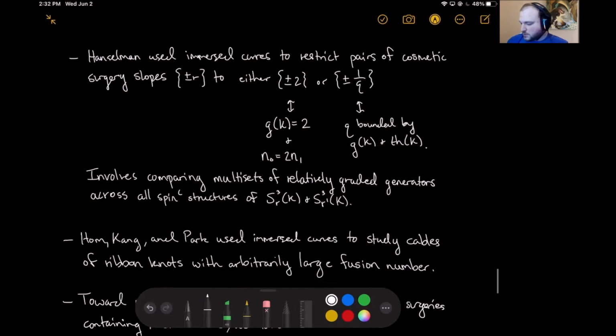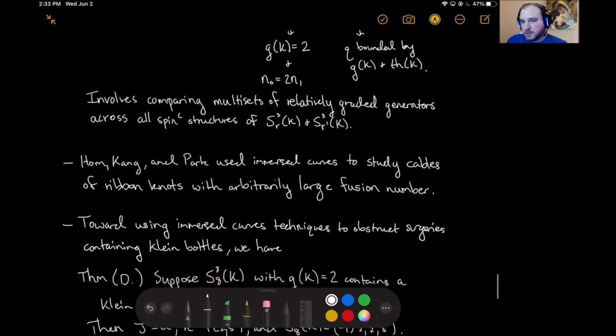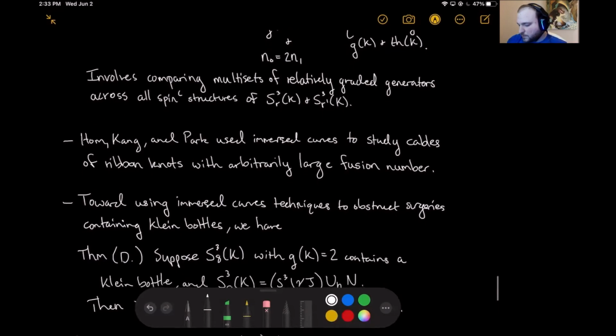And the strategy, which inspires something for the second talk, is to just look at multi-sets, take all of the relatively graded generators and compare that multi-set across Spin-C structures to ultimately conclude that you couldn't have diffeomorphic manifolds.